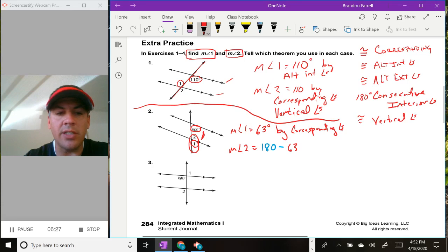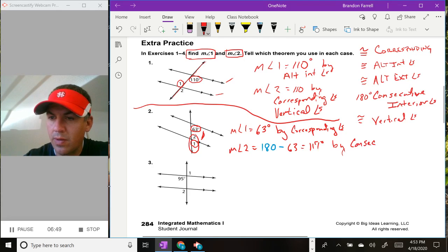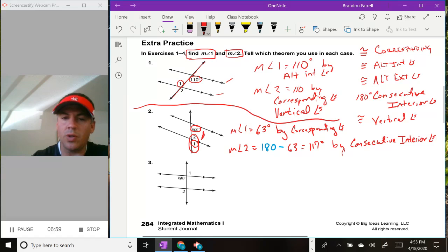Regardless, the relationship with number 2 is 180 degrees minus 63, which results in 117 degrees. Make sure you label a reason: consecutive interior angles.